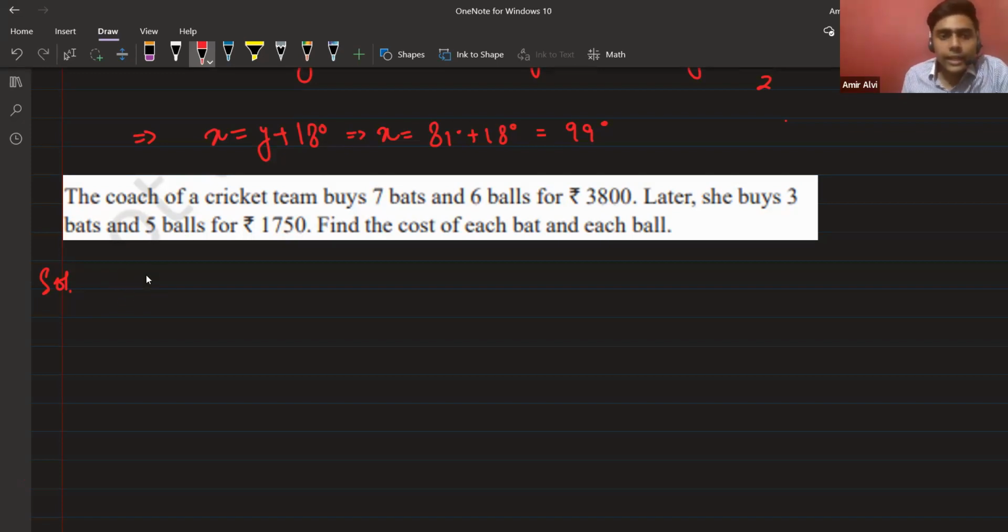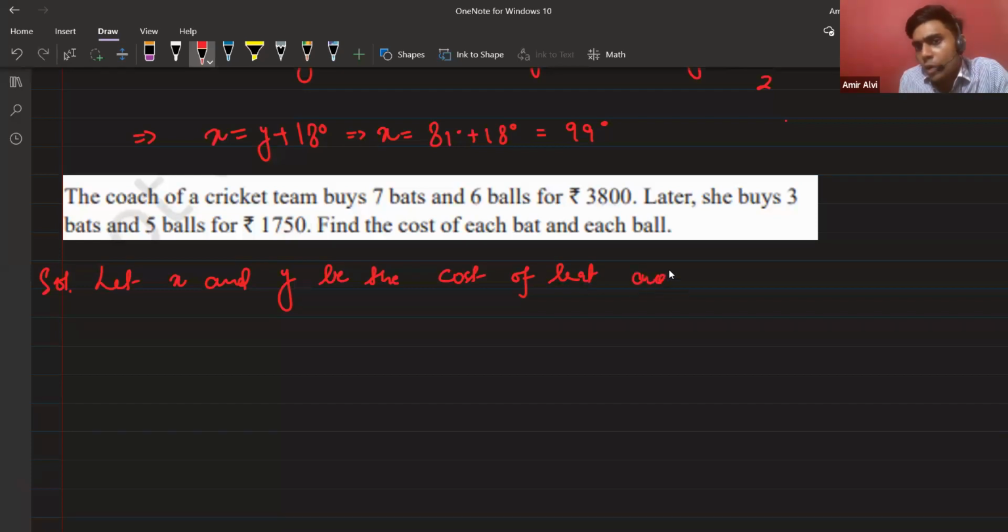Okay. So first, let x and y be the cost of bat and ball respectively. Why am I using the word respectively? Because I'm following the order, the sequence. So the first equation says 7x plus 6y equals 3800.